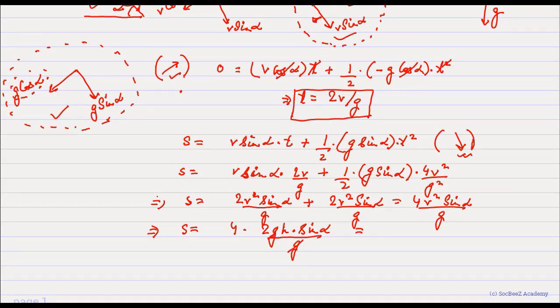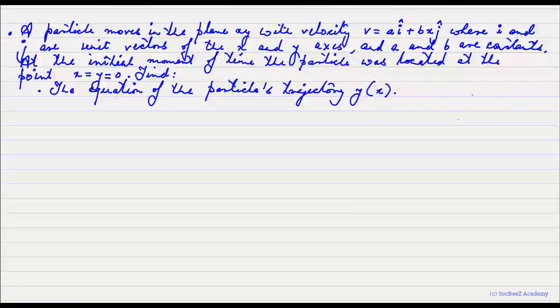So this gives me s as 8h sine of alpha. So this is going to be the distance between the two impact points. Fine.